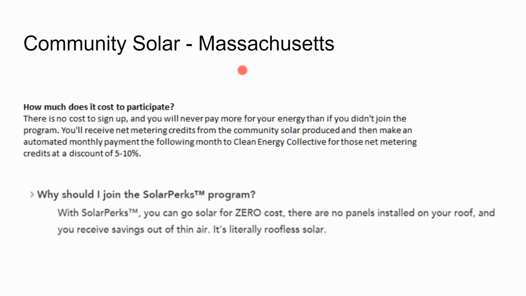There's a community solar program in Massachusetts where you pick up the phone, you call the company and say, hey, I want to sign up for the community solar program, and immediately they will lower your electric bill by 5 to 10%. Hey, that's a great deal. Now we're talking. I didn't like the community solar program that increases my electric bill, but I can get excited about a community solar program where I don't have to do anything and I lower my electric bill. I'd love to do that.